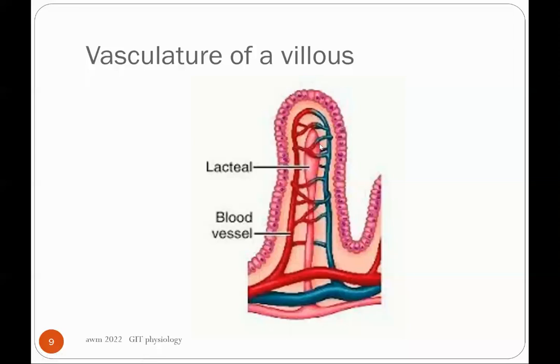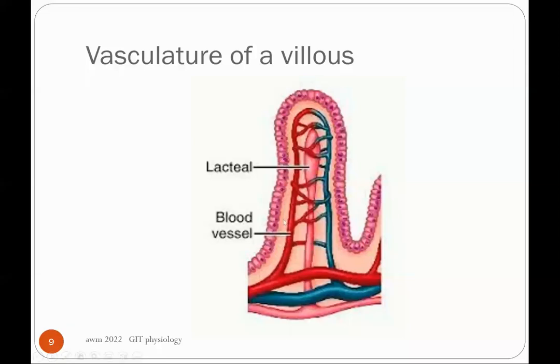So the villus has got blood vessels in it. You have the arteriole, which will give off branches, and the arteriole is the one carrying oxygenated blood, okay, which is the one in red. You'll also have the venule, which is draining the villus, okay, and will end up draining into the venous blood flow of the body.